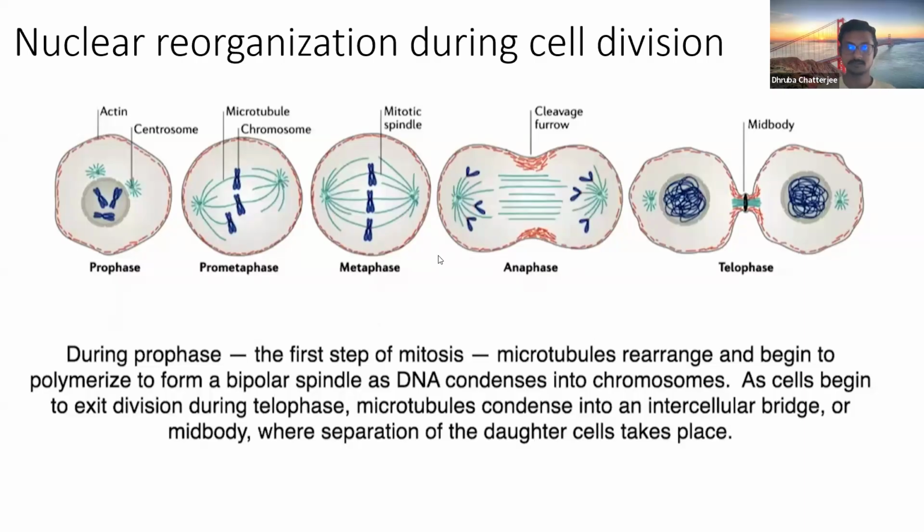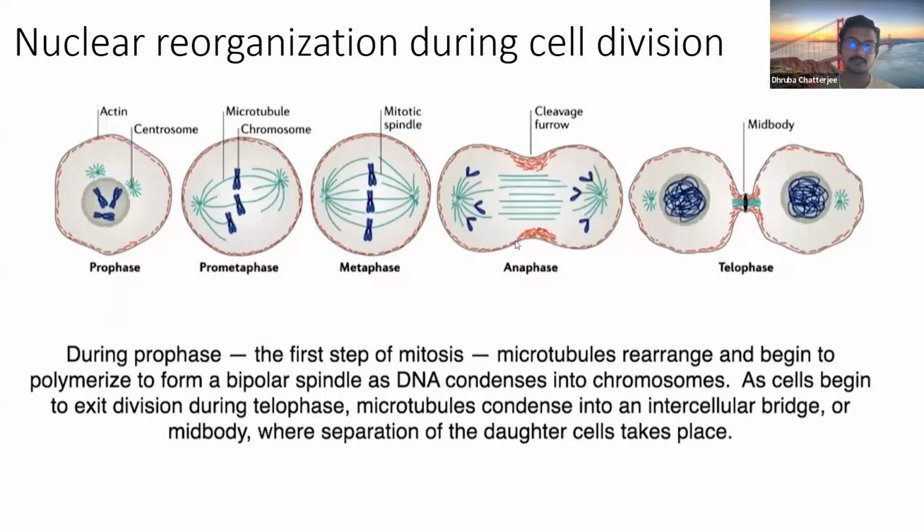Also, there is a push of the sister chromatids to the two ends of the cell because of the growing of microtubules in between the two poles of the cell.